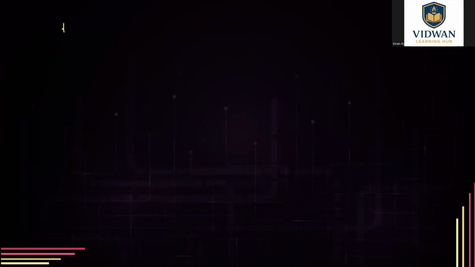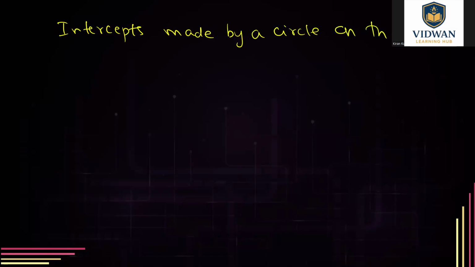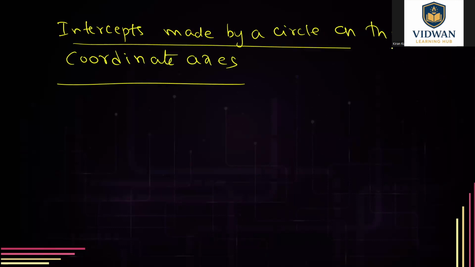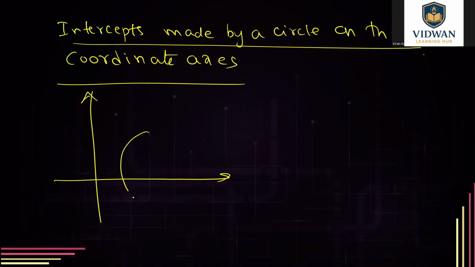Then we'll write down the next concept, that is intercepts made by a circle on the coordinate axis. So let's say, for example, a circle is cutting only x-axis.